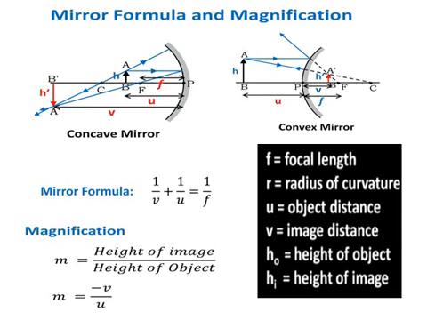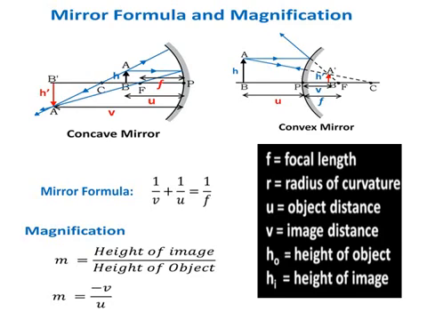When you look at the right side, f refers to focal length, R refers to radius of curvature, u is the object distance. Very important, u is the object distance. v is the image distance. And h_o is the height of the object, and h_i is the height of the image. So these are the symbols we use for these terms.